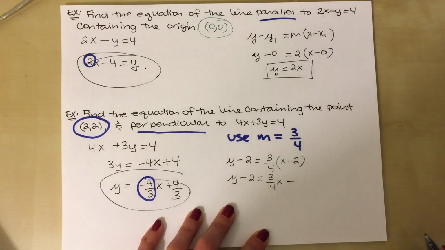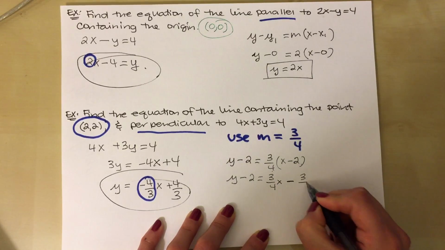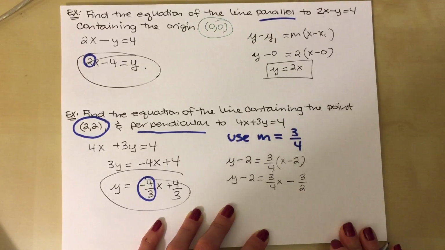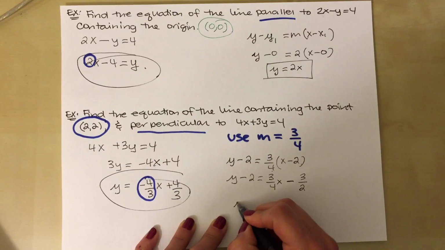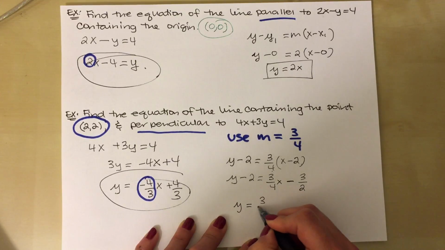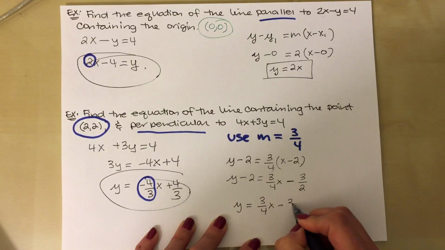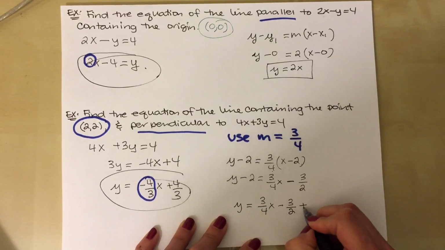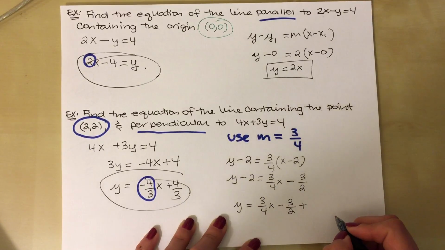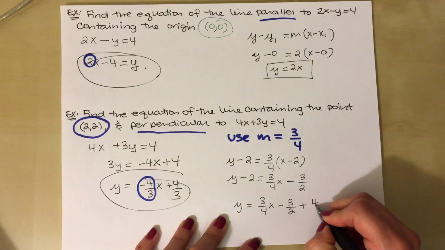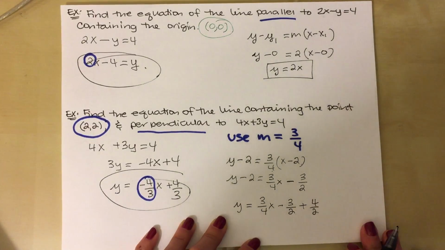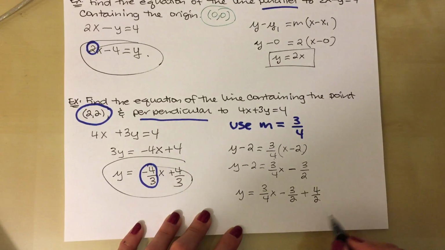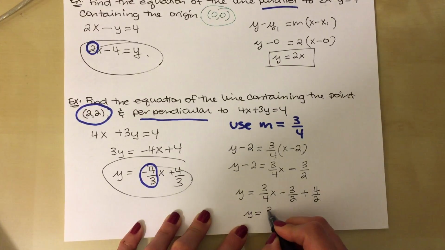So we're just going to be left with 3 over 2. And then we're going to add 2 to both sides, but you need a common denominator. So instead of writing plus 2, we should write plus 4 over 2. That way we have the same denominator, and I can just combine the two fractions. So here's my final answer.